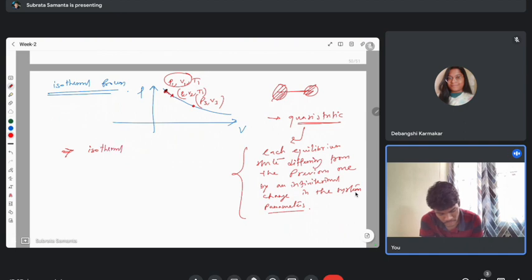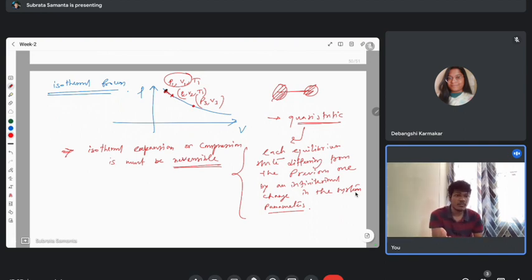So isothermal expansion or compression must be reversible. It must be reversible, so we can go back and forth.